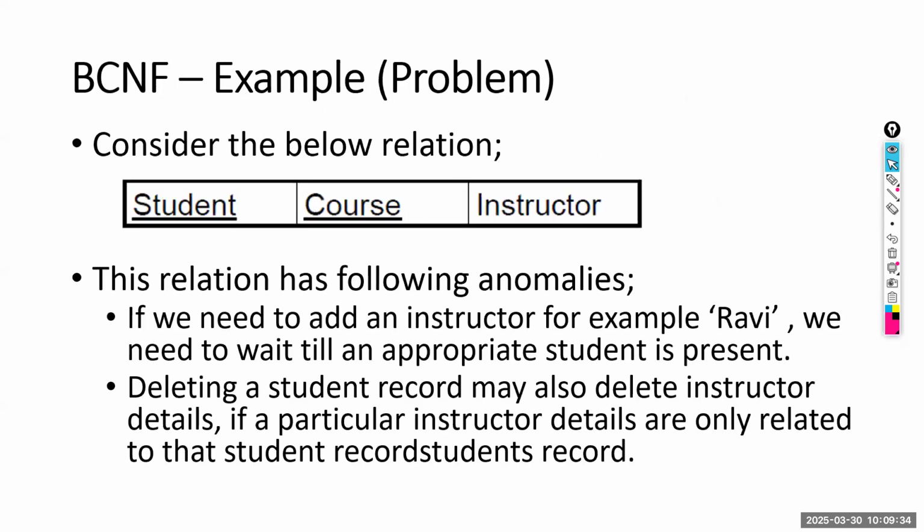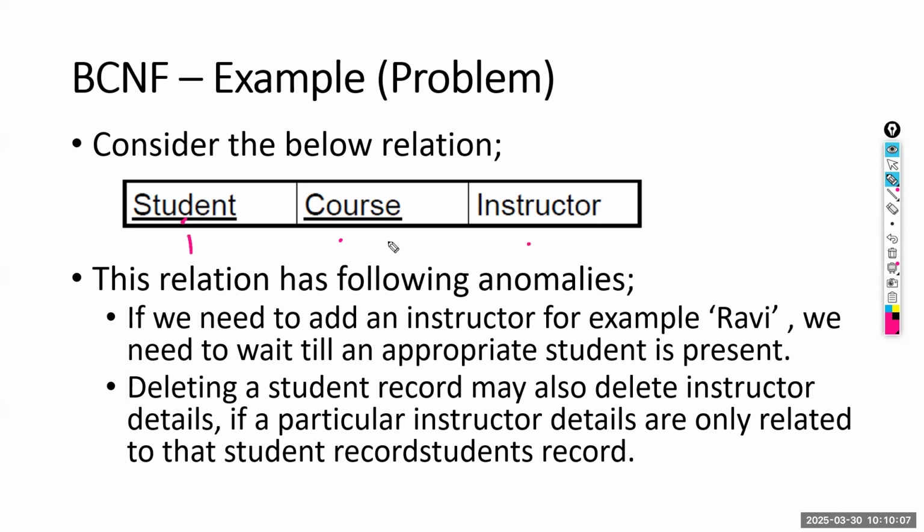So let's take an example. Say we have a table student, with student ID, course ID, and instructor. Let's assume there is no other place where instructor details are kept, and no table called instructor. That means for a particular student and a particular course, we have an assigned instructor.